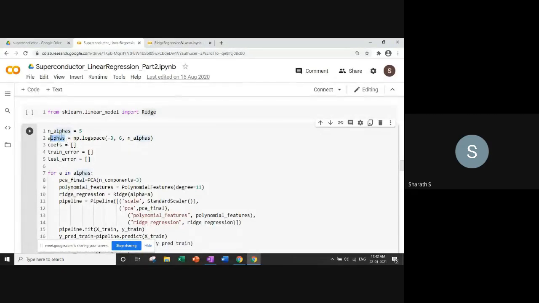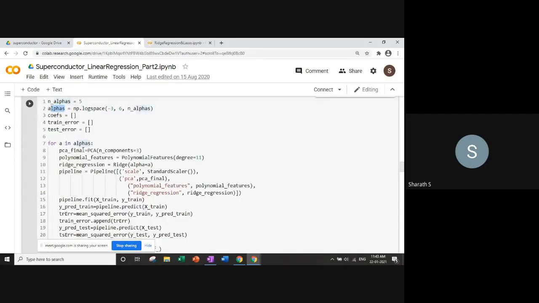So the regularization parameter alpha, you can vary. What I'm trying to do is vary that parameter from -3 to 6. This is something you don't know beforehand. So you will have to try different levels of this regularization parameter and then see what fits well.